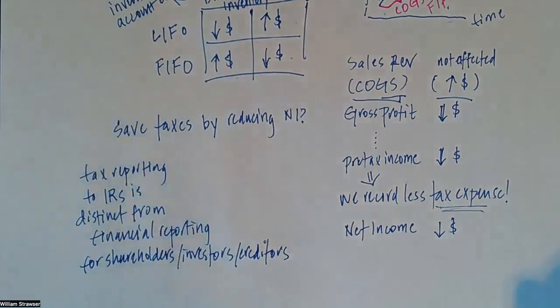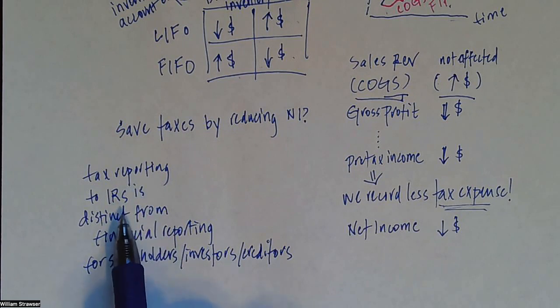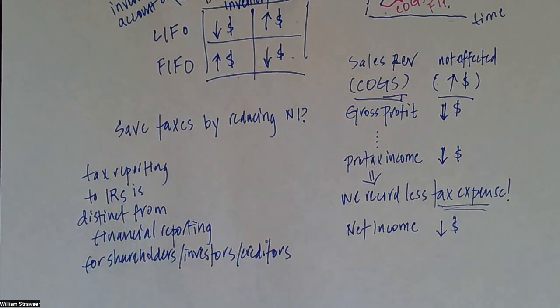All the outside parties. So US GAAP tells me how to report in my financial reporting. The tax code put out by lawmakers, by legislators, by Congress, that forms how the IRS looks at our tax returns. So a company oftentimes chooses to report differently on their tax return than they do in their financial reports.